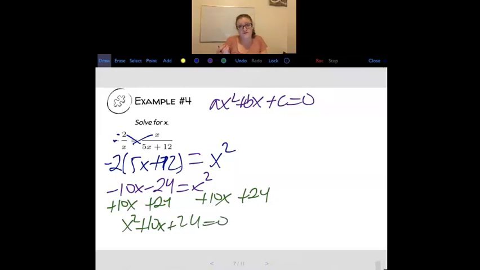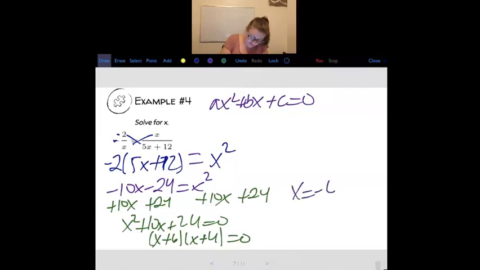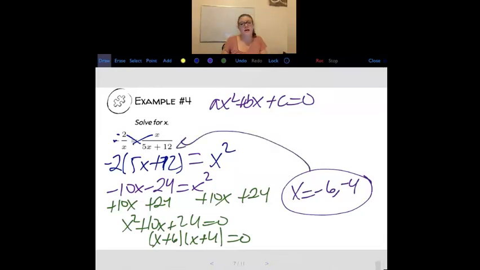Quadratic equations, the first thing you want to try is factoring and solving. This factors to x plus 6, x plus 4 equals 0. And so our two answers are x equals negative 6 and negative 4. So you can get two answers for these. Again, just double check that it doesn't zero out any of your denominators.